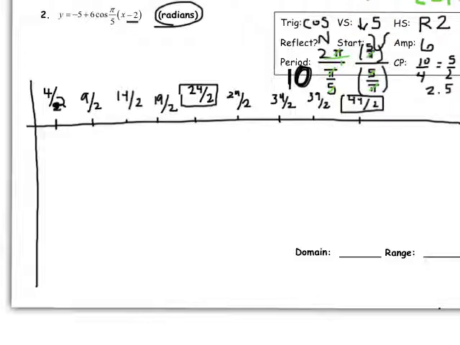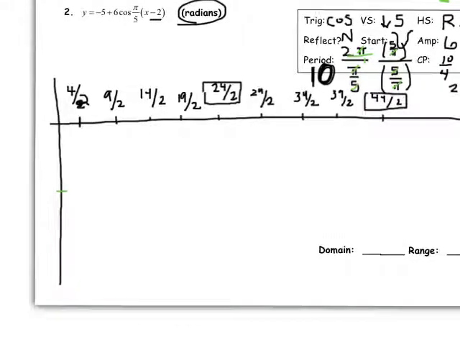So if I'm going to go down 5, that's here at negative 5. And my amplitude, oh, let's go ahead and draw the sinusoidal axis, just so that you can kind of see where the wave is supposed to go. And the amplitude is 6, meaning from the negative 5 you're going to go 6 up. So negative 5 when you add 6 is 1. And then you're going to go 6 down to get to negative 11.